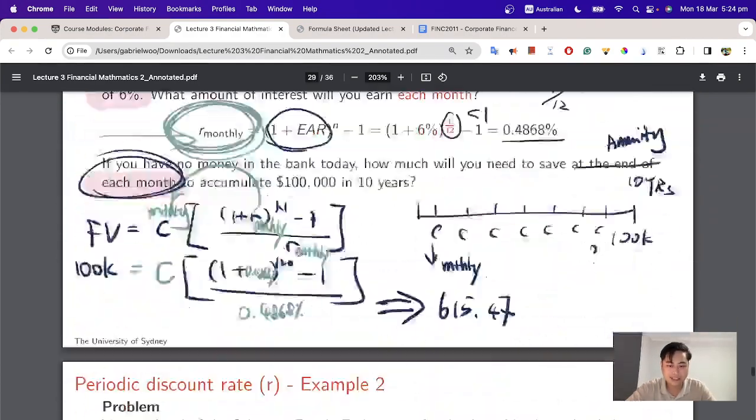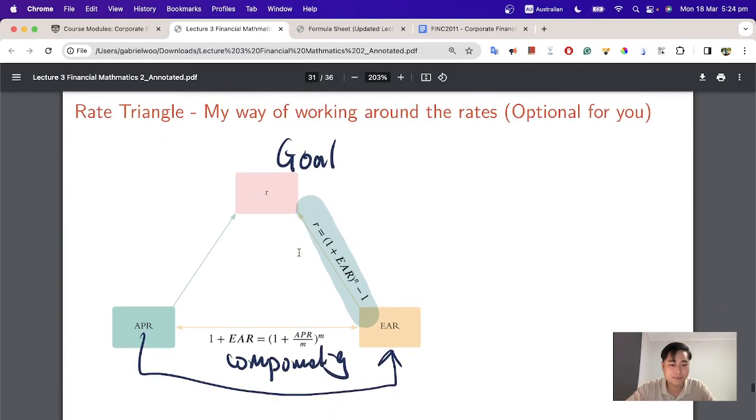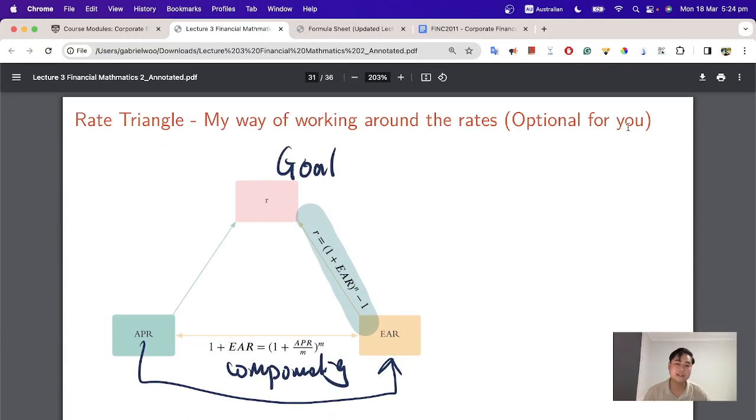So if we look at this triangle right here, this sums up everything. When we are using the present value and future value formulas, what we want is to use R. If we are quoted APR, then we need to turn it into EAR and then turn EAR into R. Okay. If we're quoted EAR, then we could turn it into R. If we're quoted R, then we just have to use that. So APR does not take into account compounding.